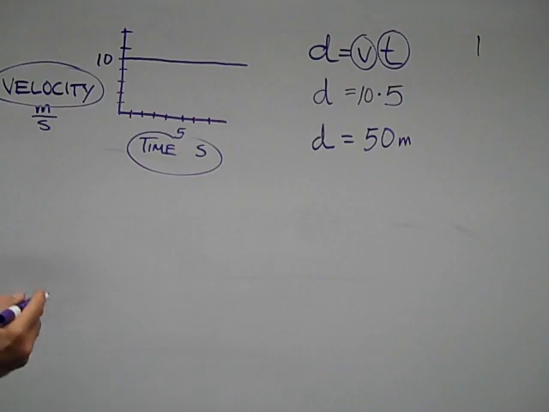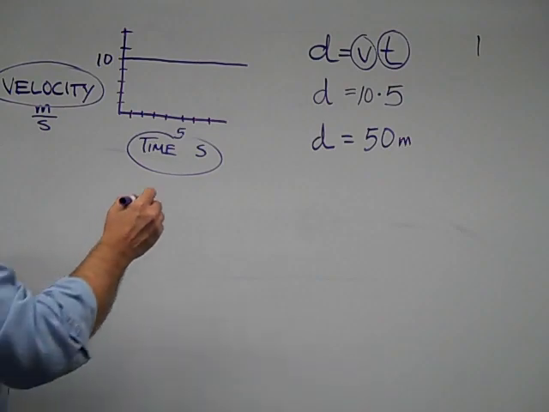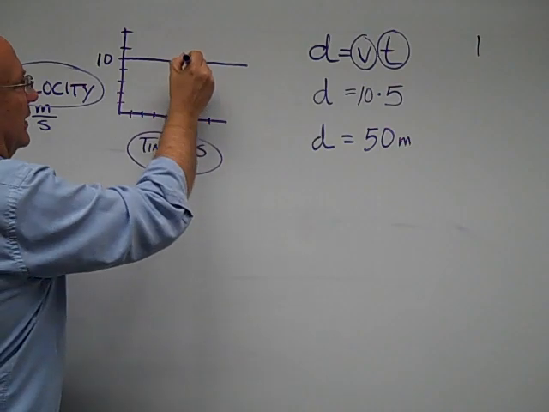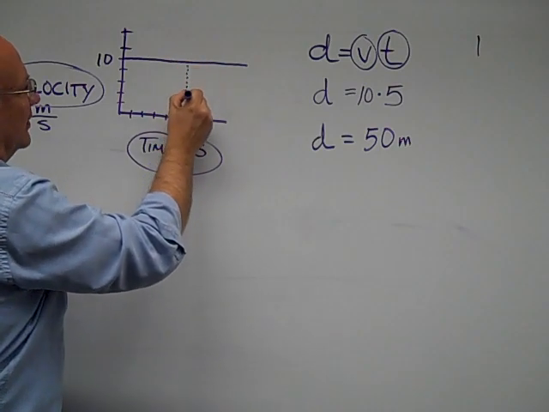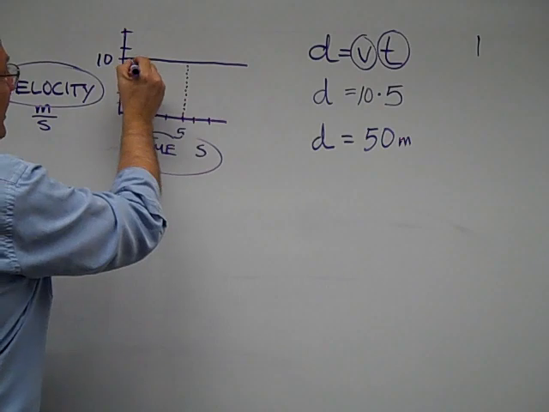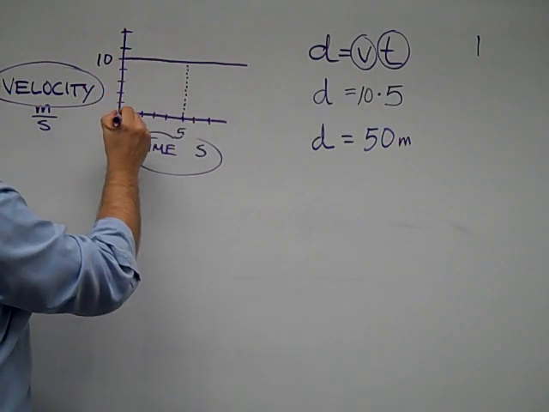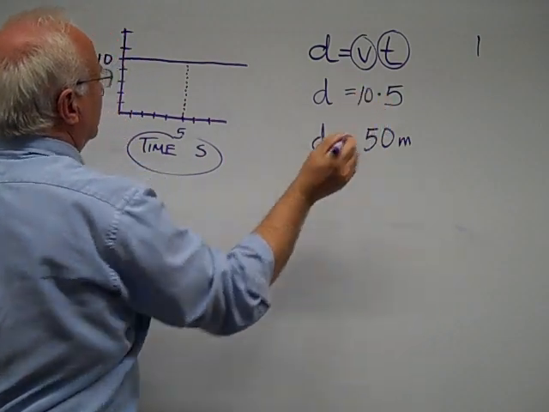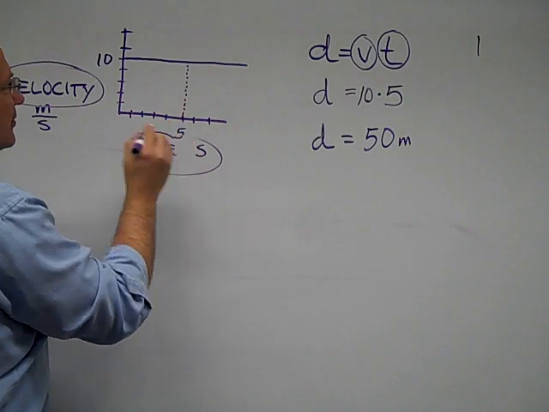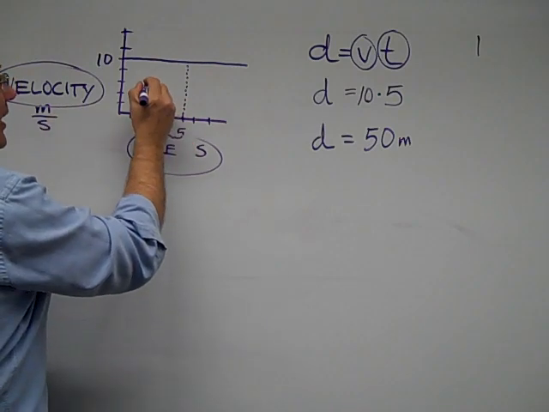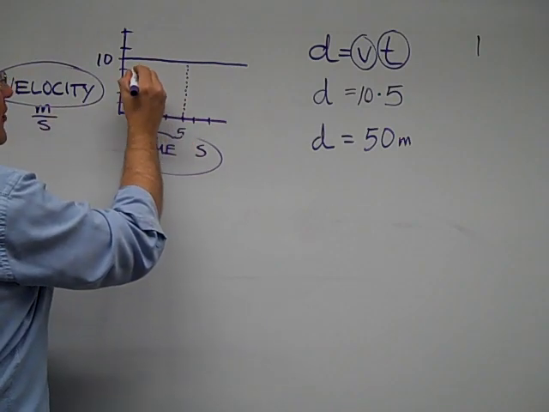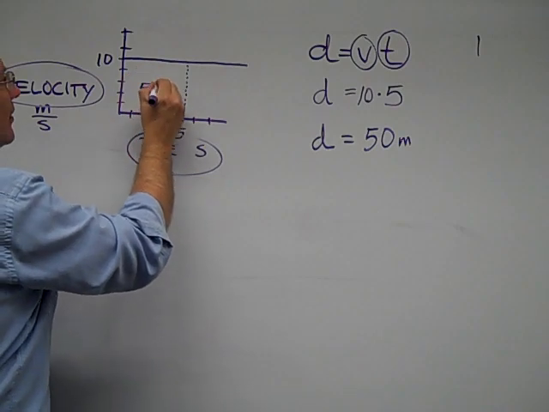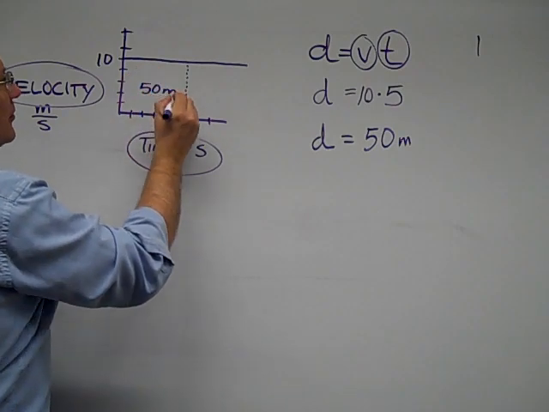If I said, how far will I have gone, or what would my displacement be after 5 seconds, well, I can get this unit, which is 10, multiply it by this unit, which is 5, and I can get 10 times 5 is 50 meters.